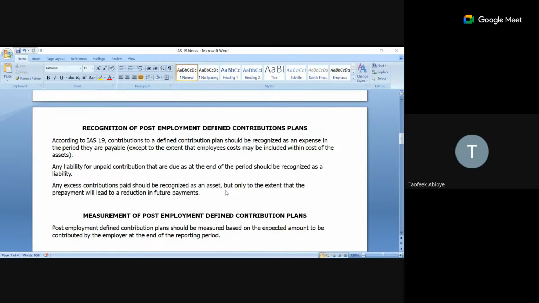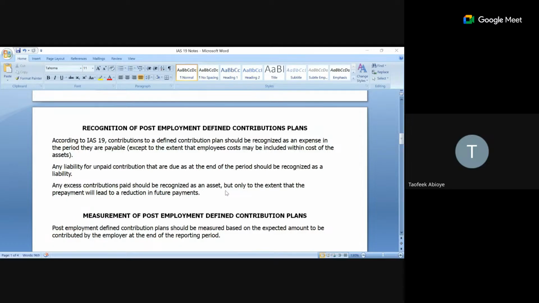a defined contribution plan should be recognized as an expense in the period they are payable, as employee costs. So for a defined contribution plan, the recognition is that the 10% that the entity is going to contribute must be expensed in the period.